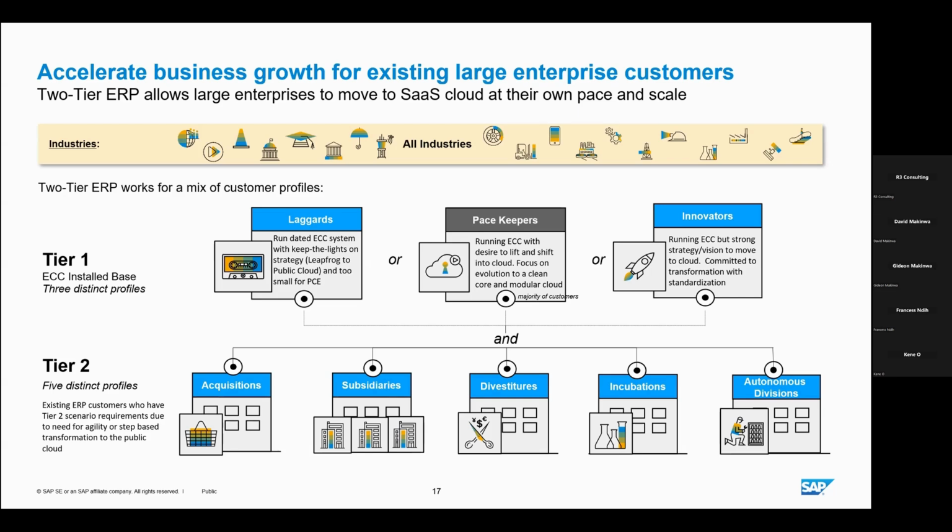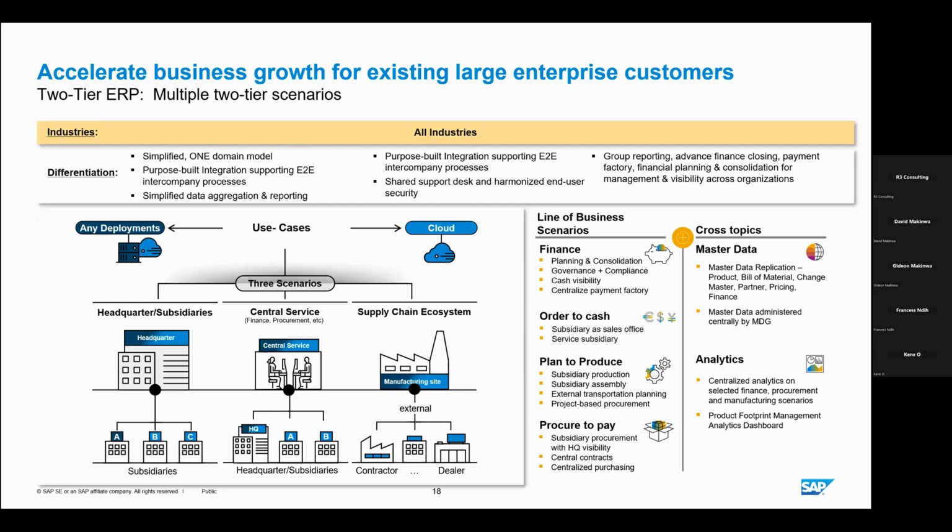So, like you see, we enable companies to manage this kind of complexity and also have different scenarios where you can have a central procurement, central service, or a global shared service, or a manufacturing site that feeds all the subsidiaries. So this is where S/4HANA is a game changer, right?